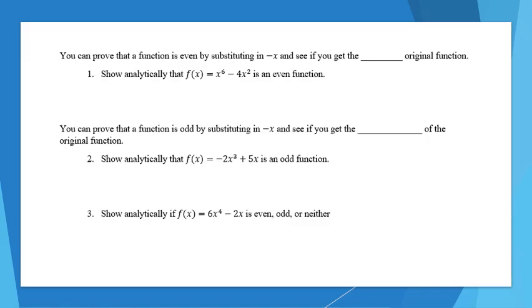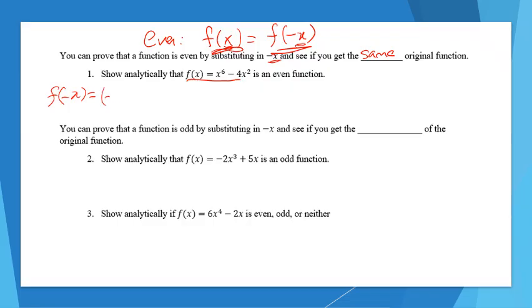And so you can prove a function is even by substituting in -x and seeing if you get the same original function, right? So for an even function, the rule, remember, is f of x is equal to f of -x. So if we plug -x in for x right here, and we get the exact same function as the original, then it's an even function. So let's see what this means. We have f of x here, and let's find f of -x, which equals (-x) to the power of 6 minus 4 (-x) squared.